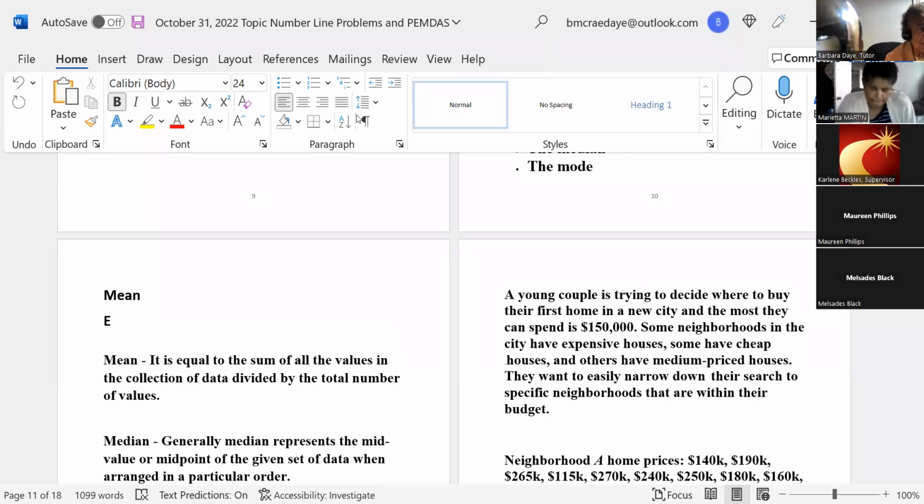We have a couple looking for a house, and they can spend $150,000. Some neighborhood houses are very expensive and some are a little less.